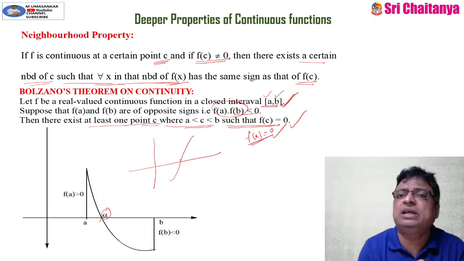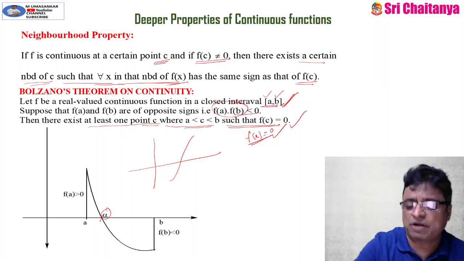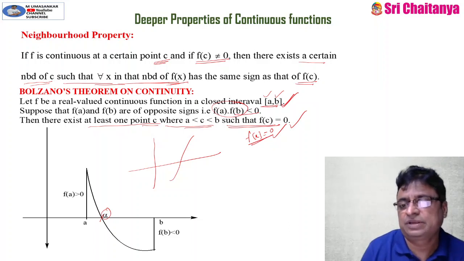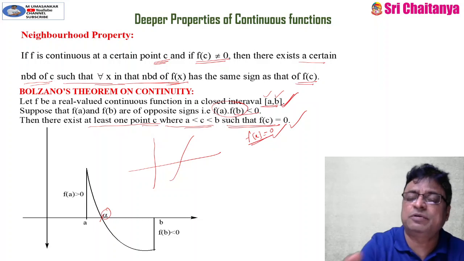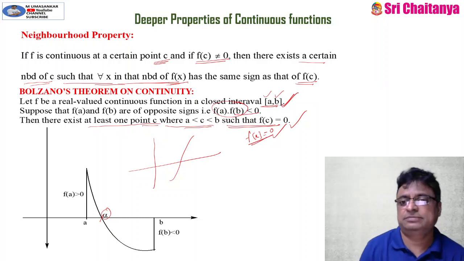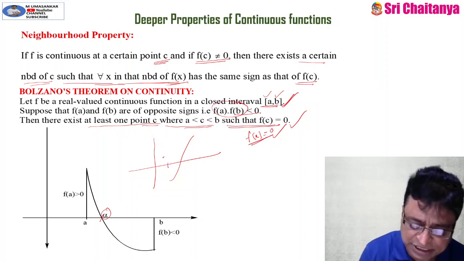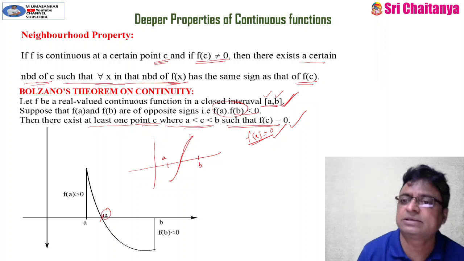Graphically, the continuity of a function means that if you draw the curve without lifting your hand, then we can simply say that the curve is continuous. Suppose this is the function, defined in the closed interval [a, b], and without lifting my hand I have drawn the curve like this.